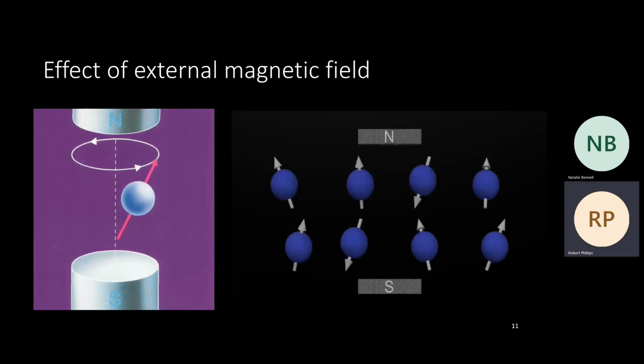Then they also noticed that when we put our body part in the strong external magnetic field, not only do they align along this line, but they also exhibit a circular motion, a wobble like this, perpendicular to this magnetic field.